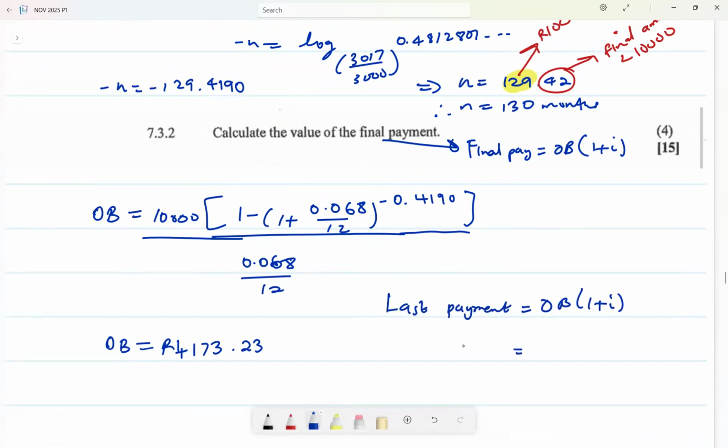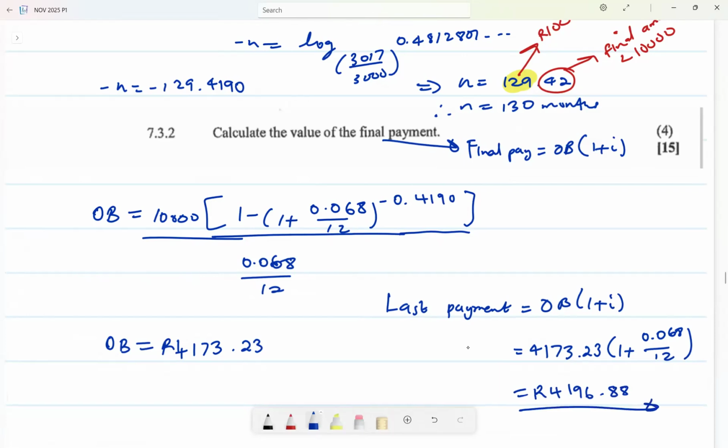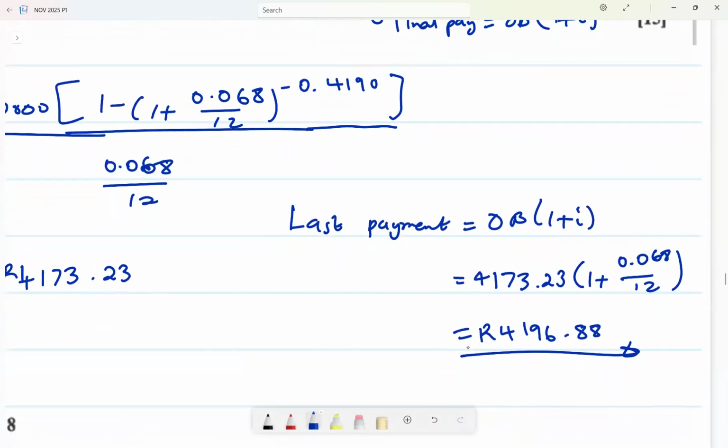So my final payment is 4173.23 times 1 plus 0.068 divided by 12, and the final payment will be something like 4196.88. So this is your last payment.